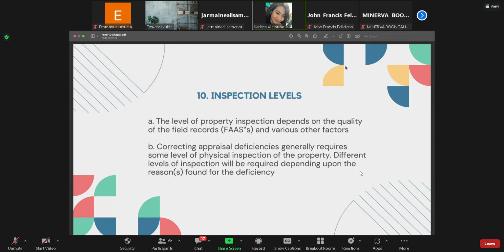Different levels of inspection will be required depending upon the reason or reasons found for the deficiency. Next slide po.